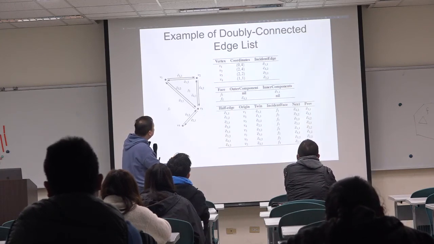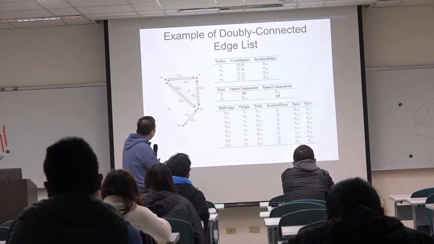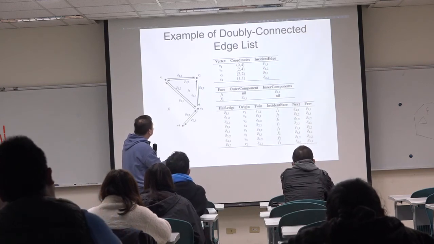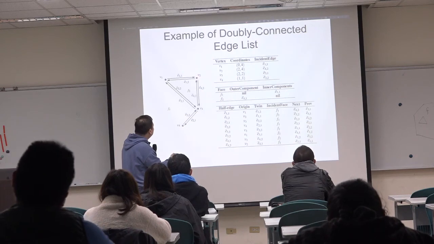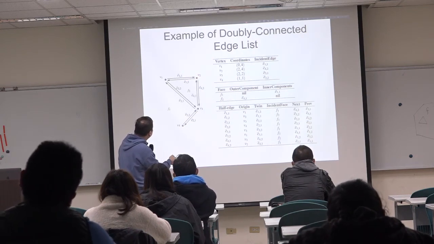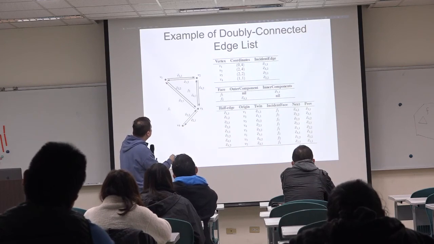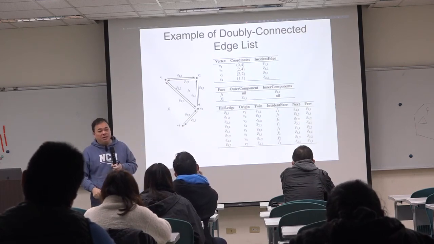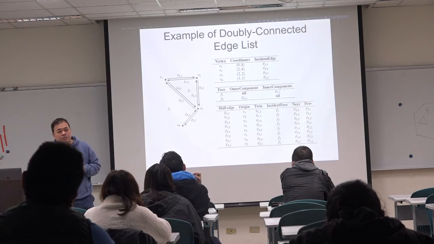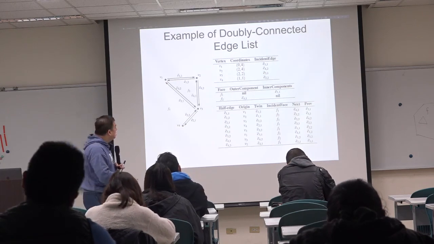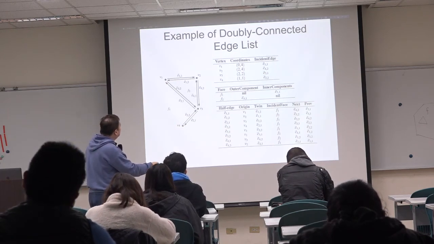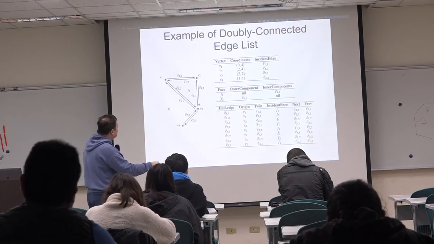So E42 is one of the incident half edges that use V2 as the origin. It could be E42, it could be E12, right? Both of them are using V2 as their origin. So this represents the list of records for the vertices.